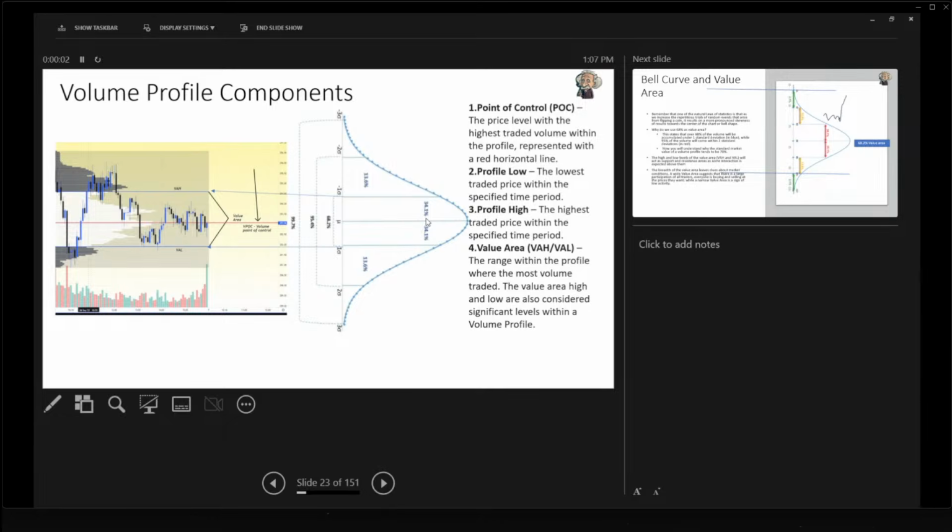So when you look at the value area high and low of a volume profile like we are looking at here, within the white shaded area, you see the value area high is at the top, the bottom is value area low. What this is telling us is that 68% of the volume has been traded here.